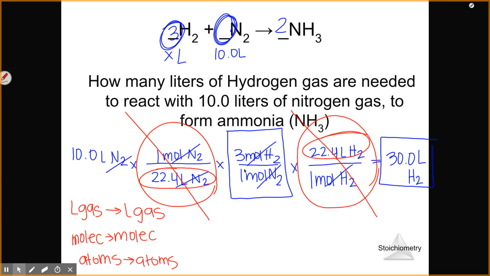If you have any other combination, so liters to grams or molecules to liters, anything like that, you will have to use all steps of the conversion, but it's kind of a shortcut for those ones there.